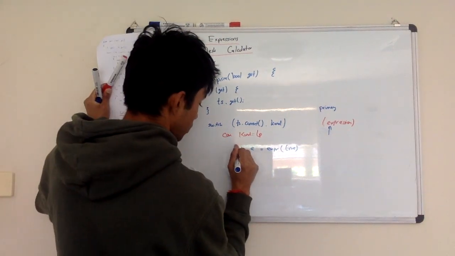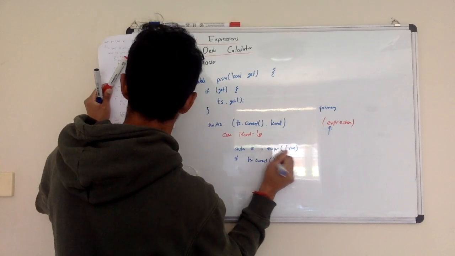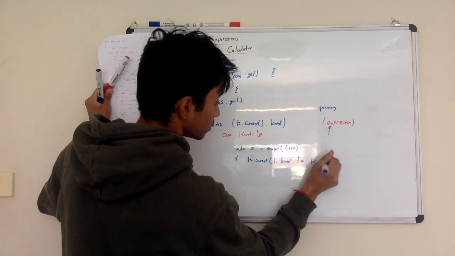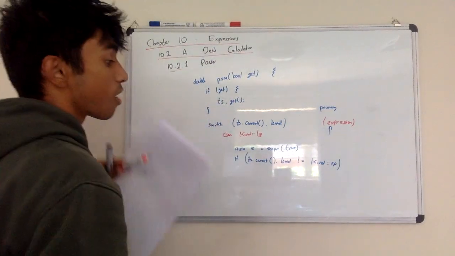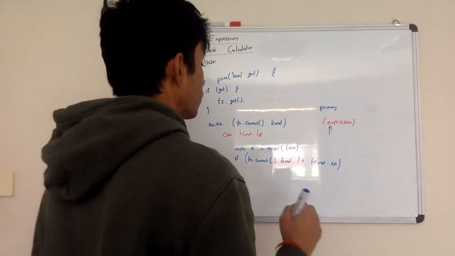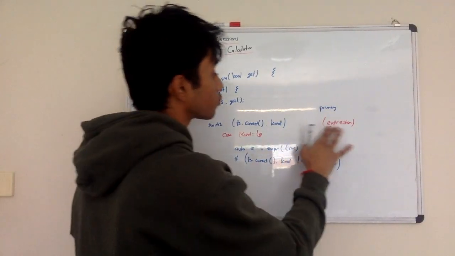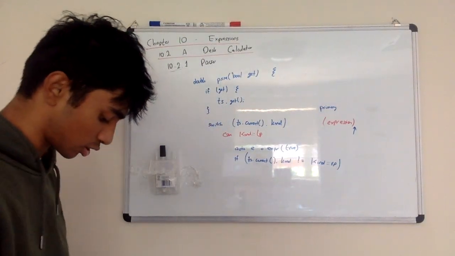Now, if ts.current.kind is not equal to kind RP, right? What is this saying? By the time the expr function is done, it would have read in this right parenthesis, this closing bracket.